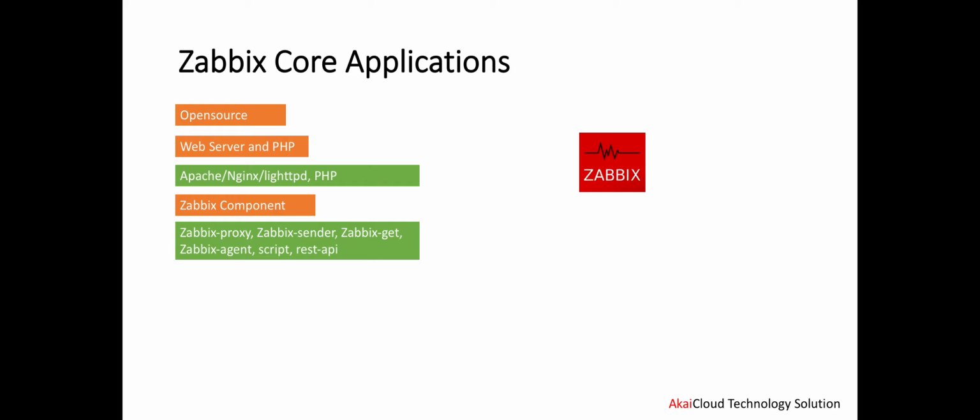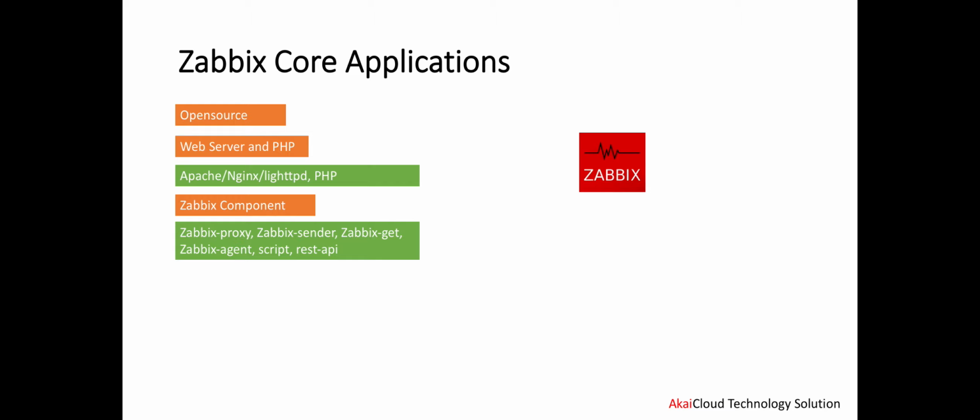We can also use Zabbix Get. Using Zabbix Get, we can retrieve a specific metric from a component that is running a Zabbix agent. So if we have a virtual machine with the Zabbix agent, then from remote access we can get a specific metric using Zabbix Get.